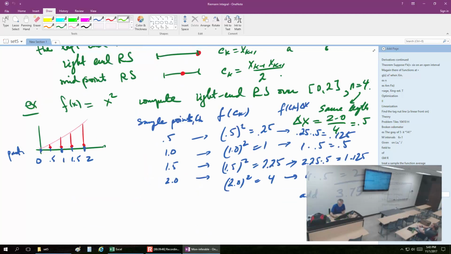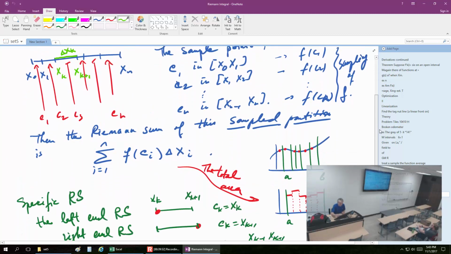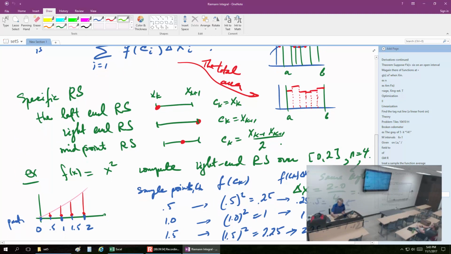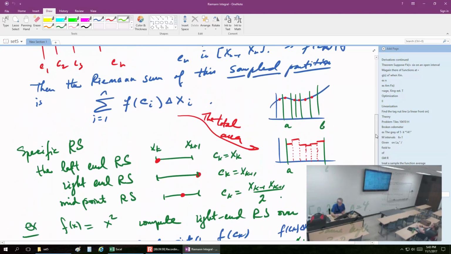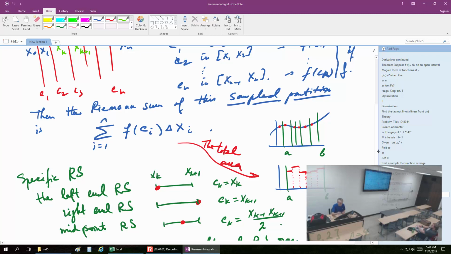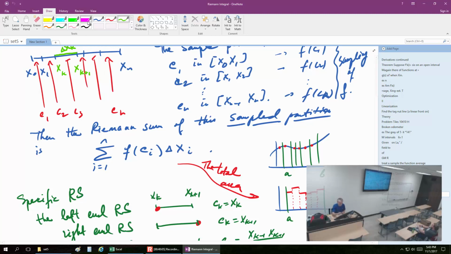So that is the definition that I was supposed to put here somewhere. Well, I did: sample, partition, total area. I didn't indicate the last step, the limit. So we have to say that the limit is taken as delta xk goes to 0.